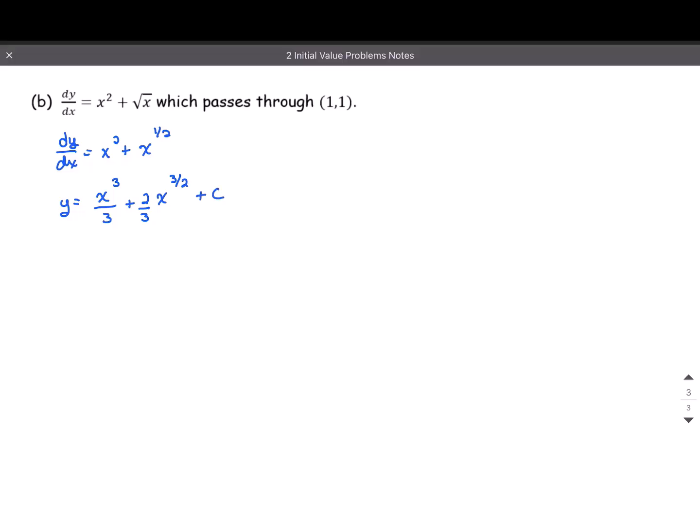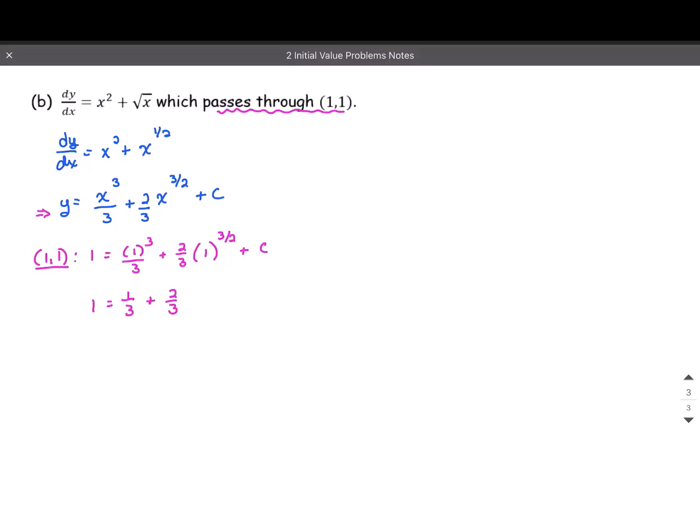All right. We also know that we want the particular solution that passes through the point 1, 1. So when we substitute that into our general antiderivative, we're going to have y is 1 equals x is 1 cubed over 3 plus 2/3 times 1 to the 3/2 plus c. So that's 1 equals 1 to the third is 1 over 3 plus 2/3.